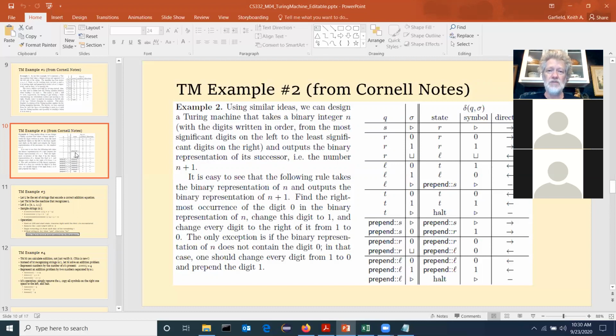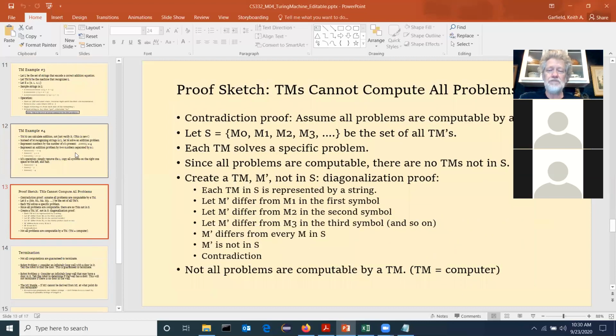If I represent a Turing machine as a string, then the way I create my Turing machine that's not in the set S is I take the first symbol of the first Turing machine and flip it. If it's a 0, I let it be a 1. If it's a 1, I make it a 0.